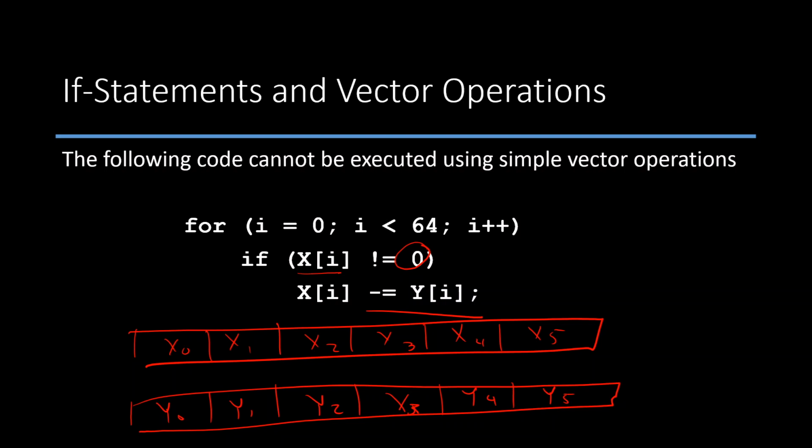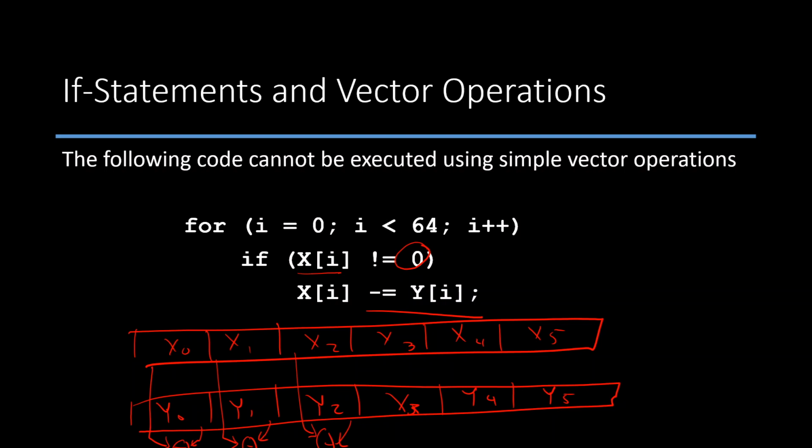I realize this is not a power of 2 number of registers, but that's just the way it worked out. I have a condition as to whether I'm going to perform the subtraction of these or not, and so forth. Now, how are we going to handle this?